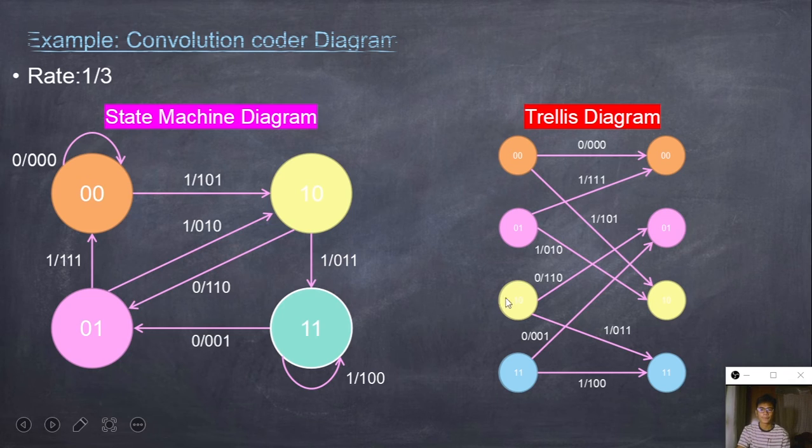So again, 1 0 goes to 1 1, which is shown here, with an input of 1 and an output of 0 1 1. Same with 1 1: 1 1 goes to 1 0 with an input of 0 and an output of 0 0 1.